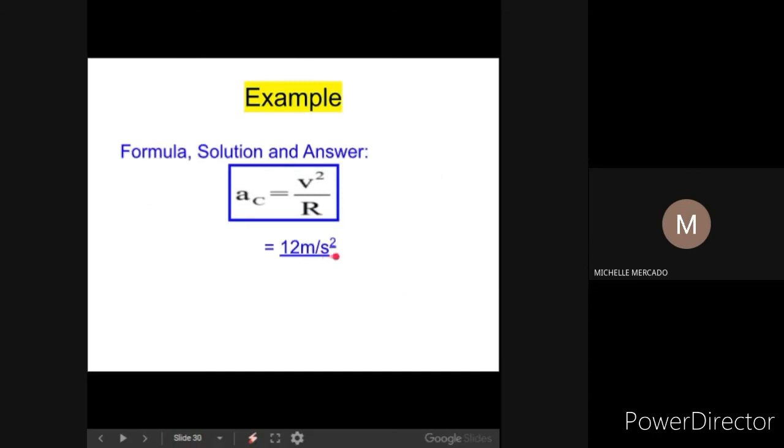Okay, so kung makikita naman po natin sa problem, given velocity natin is 12 meter per second, then the given radius natin is 1.5 centimeter. So 12 squared, or 12 multiplied by itself, the answer will be 144, divided by 1.5, the answer will be 96 meter per second squared.